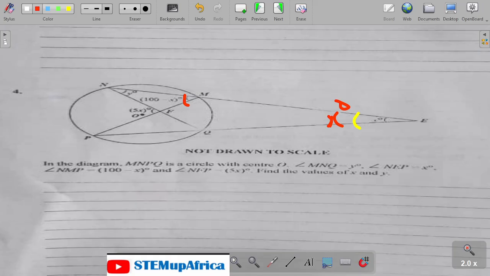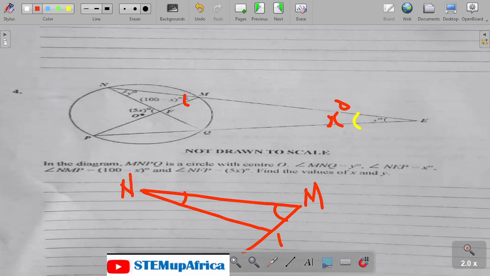Now, first of all, let's consider this triangle here, NFM. We have something like this. The angles are at N, M, and F. Here is 5x, here is y, and here is 100 minus x.